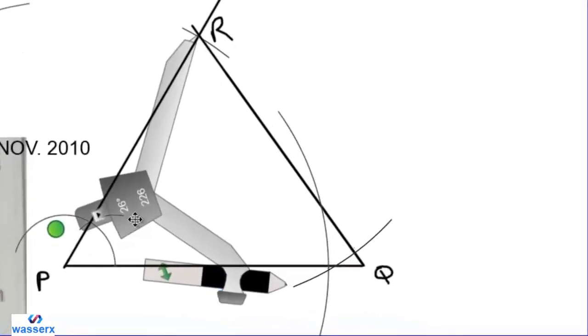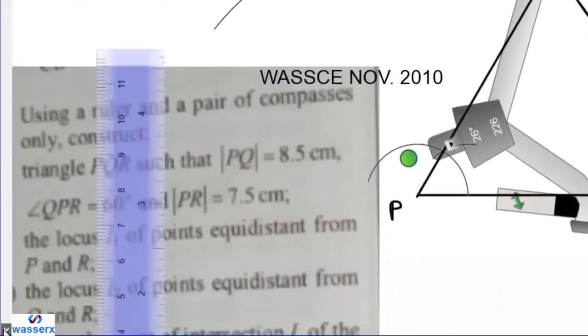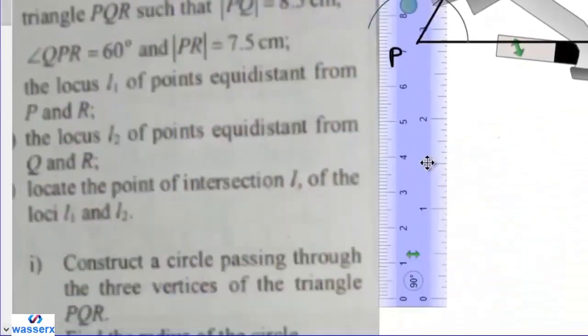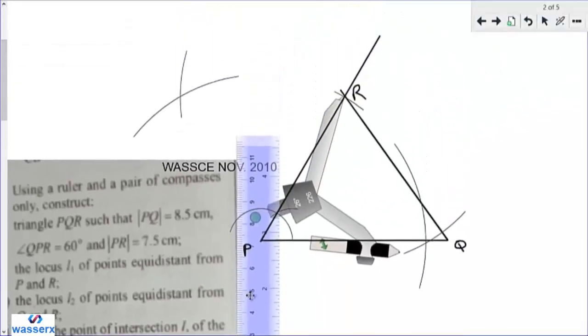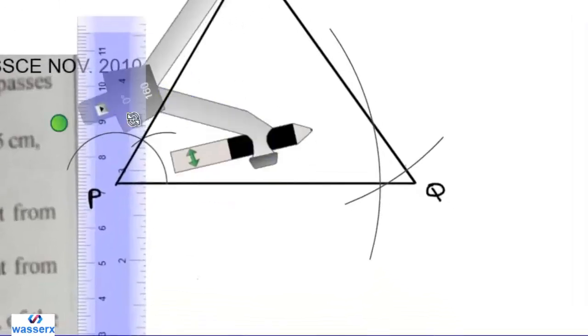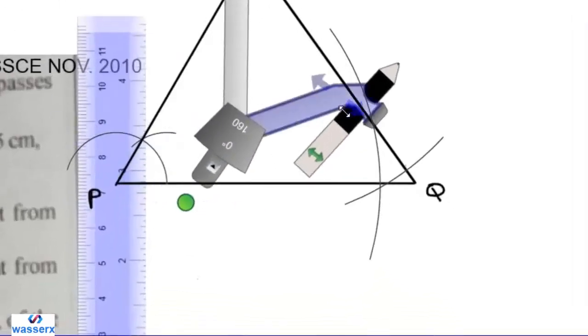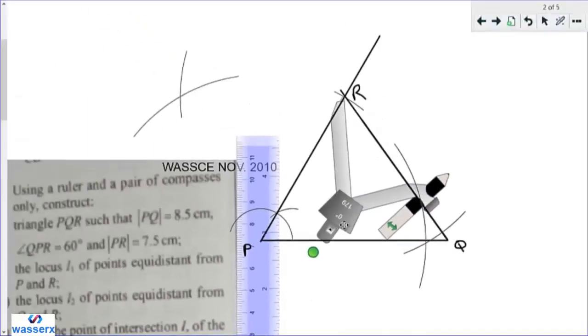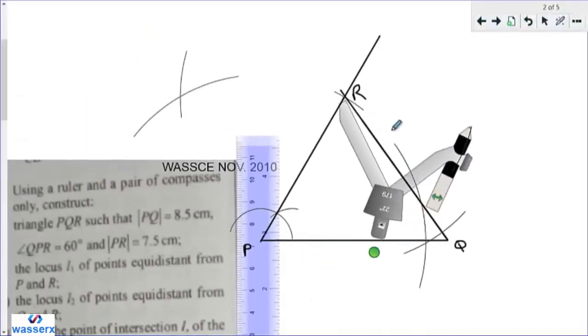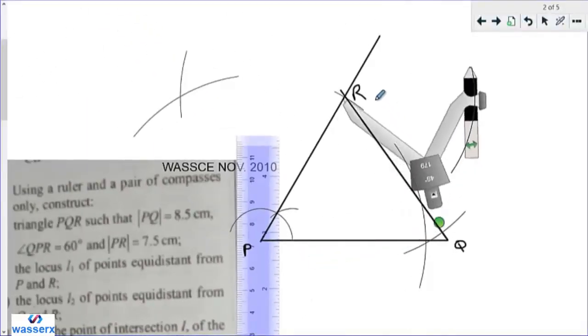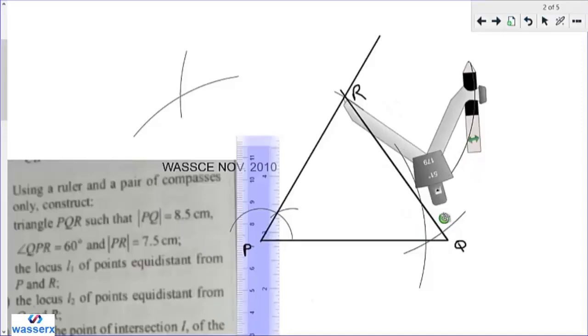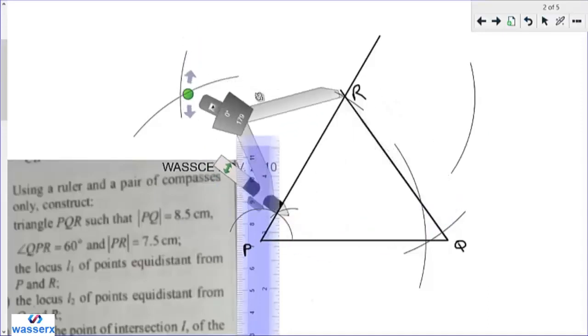Then we are also asked to draw a locus of point that is equidistant from Q and R. So we repeat the same process for line QR. So we stand at R and draw an arc below and above the line.